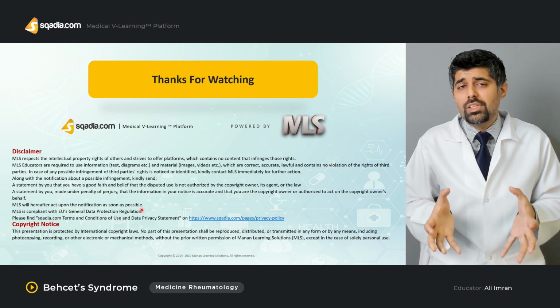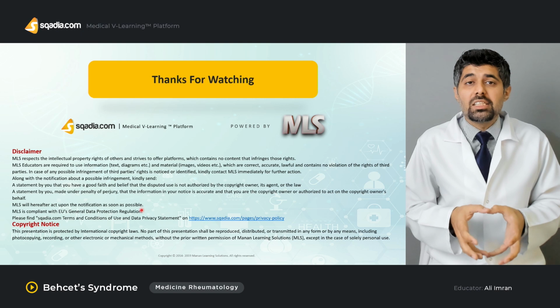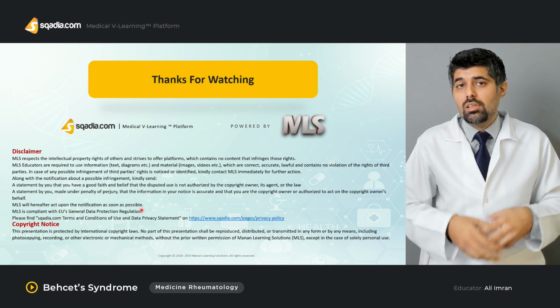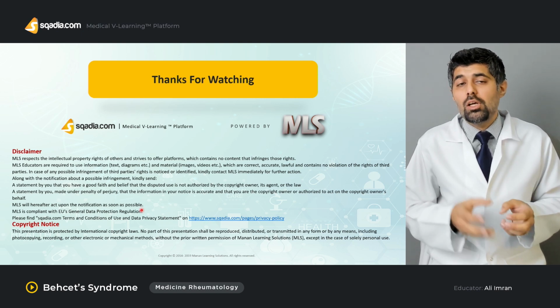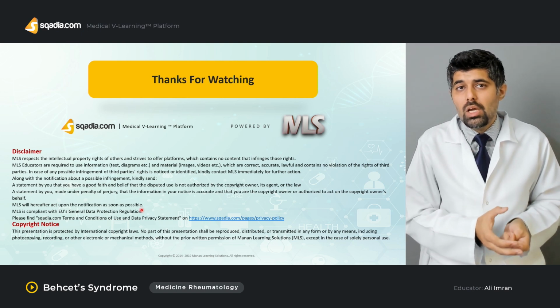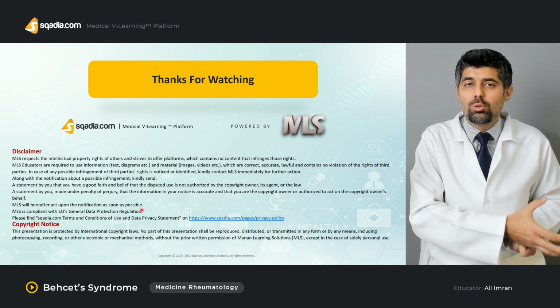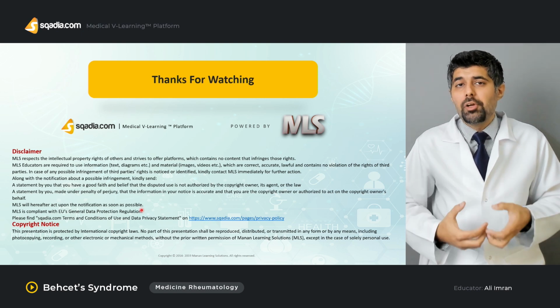Either two of these, along with oral ulcerations on a physical exam, can give us a differential diagnosis which is more prone towards the Behcet syndrome. And along with its diagnosis, then we learned about its treatment.